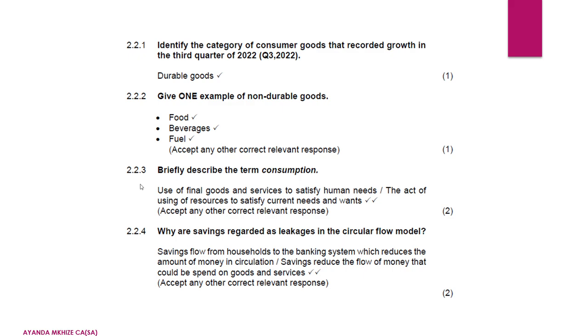Question number 2.2.3 asks to briefly describe the term consumption. Consumption is the use of final products and services to satisfy human needs, the act of using resources to satisfy current needs and wants. You recall when we were going through the question, I said to you, if you go to the shop and buy milk and use it in the tea, that is consumption.